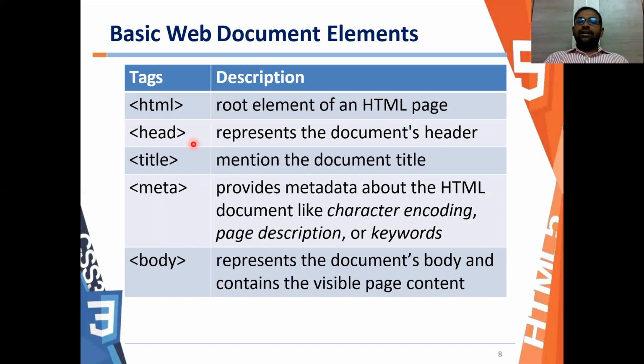The heading tag represents the document's header, and the title tag is used to mention the document title on top of the browser window. The meta tag defines the encoding character, and if you want to give any page description, that can be given in this meta tag.